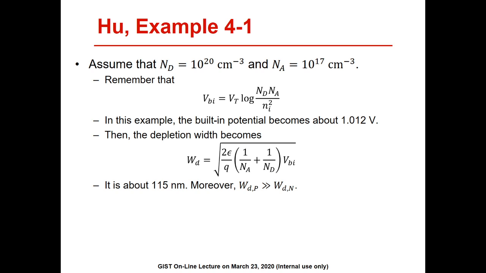Moreover, the depletion width in the p-type region is much larger than that in the n-type region. In other words, the depletion region mainly appears in a relatively lowly doped region. For an n-plus p junction, the depletion occurs mainly in the p-type region instead of the n-type region.